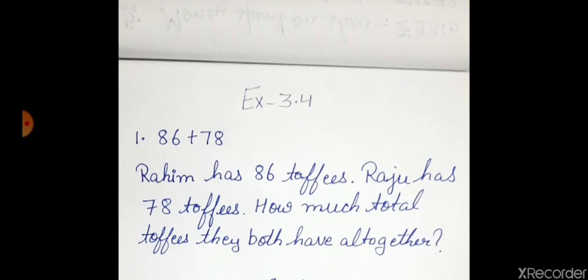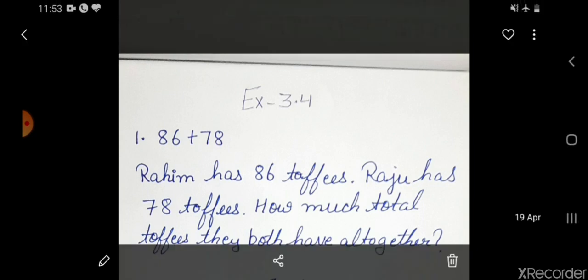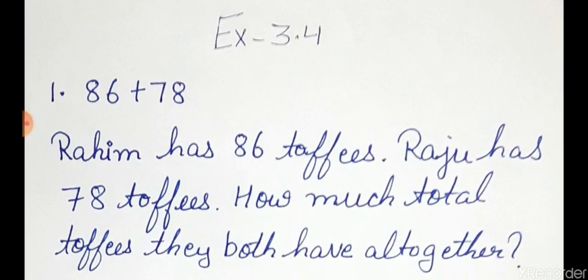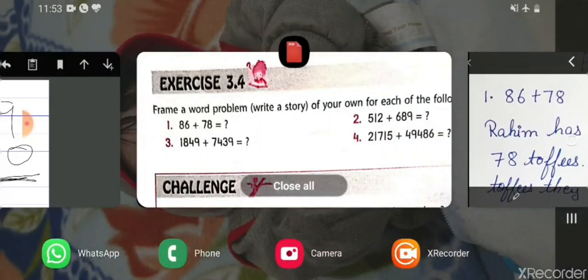Rahim has 86 toffees, Raju has 78 toffees. How many total toffees do they both have altogether? So simply you have to tell what the total amount is. You have to frame a simple word problem. Don't make it a complex statement, just keep it as simple as you can. Moving to the next.